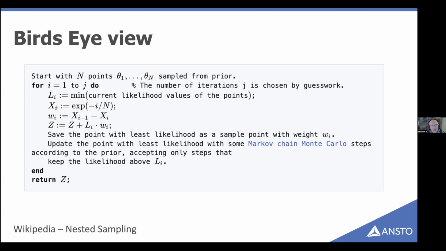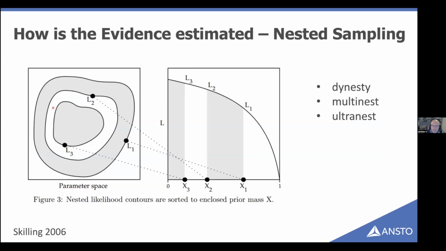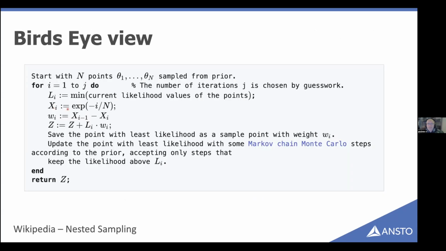You then work out the, I think X is the prior mass. And as you go through this loop, the prior mass starts shrinking, which is why there's an exponential term in there, related to the number of times you've gone through this loop.